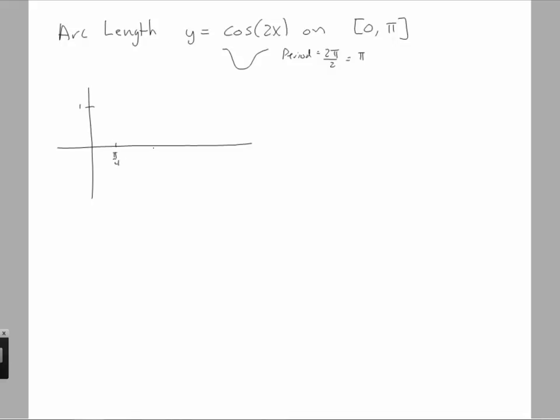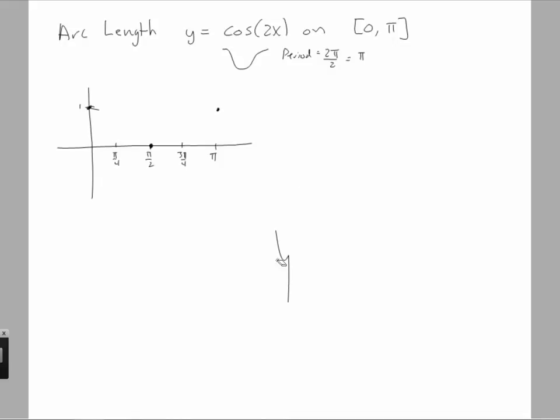So our quadrants here are going to be a little bit different because I have that period change, and I know I'm going to start and end up here. So let's go ahead and plug in pi over 2. 2 times pi over 2, the 2's cancel. The cosine of pi is 0, so it's going to cross here, and I think my graph is going to come down and then turn back up again as well.